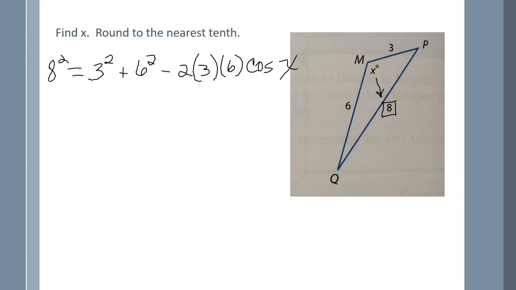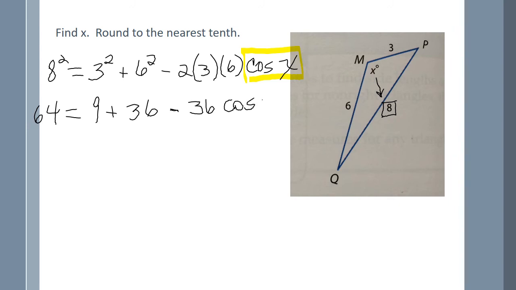So we're going to do as much simplification as possible. This isn't really that difficult here. We're just going to isolate this part using algebra. So we're going to get this by itself. Let's simplify things. I've got 64 equals 9 plus 36 minus 36 cosine of x, right? 2 times 3 is 6, times 6 is 36.